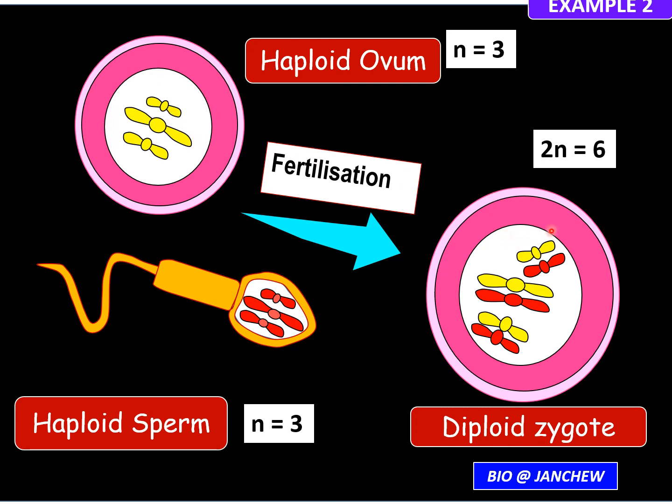So we get back the diploid number of chromosomes, which is 2n equals 6. And this shows that in the formation of gametes, the number of chromosomes is reduced to half, so that after fertilization, when the sperm and ovum fuse together, you get a diploid zygote, where there are 2 sets of chromosomes in the zygote.